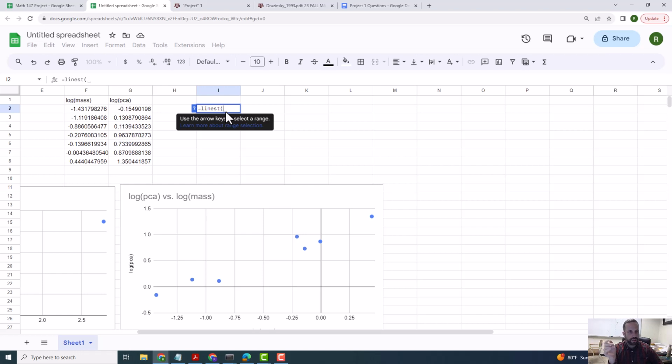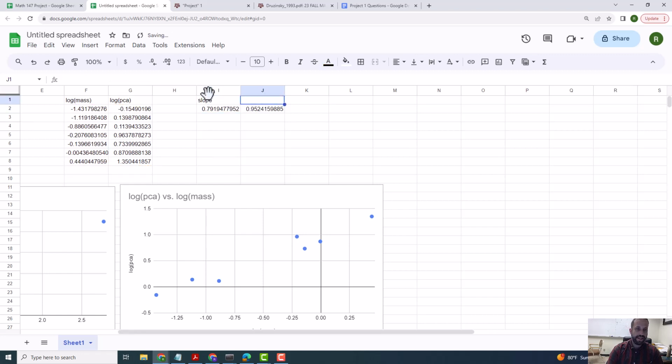So I'm going to put G2 colon G8. That's going to give me that set of data there. Then I'm going to do comma, this column, the input variables, that is the mass. So that's going to be F2 to F8. Okay, I'm going to press enter. This right here is the slope, and this is the intercept.